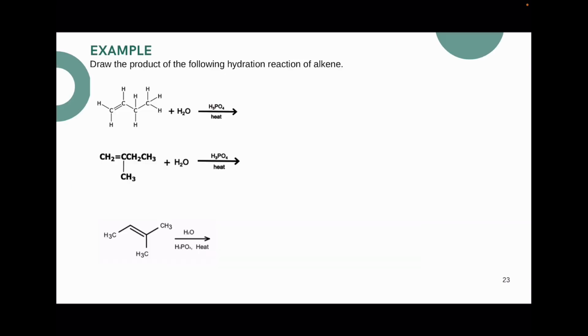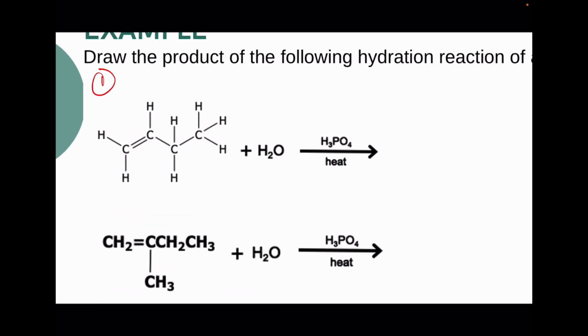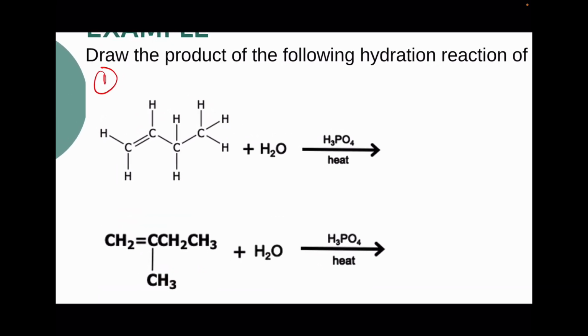Let's try to solve the example together for the first reaction. After you get the structure, you focus on the C double bond C, and label the carbons as carbon A and carbon B. When it is treated with water and phosphoric acid, it will do the addition at C double bond C with H and OH.